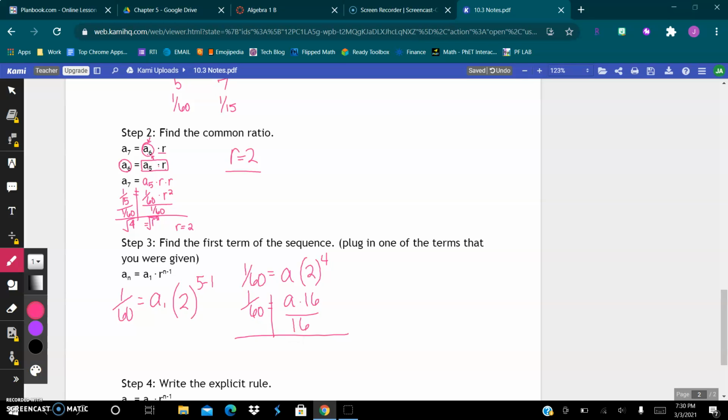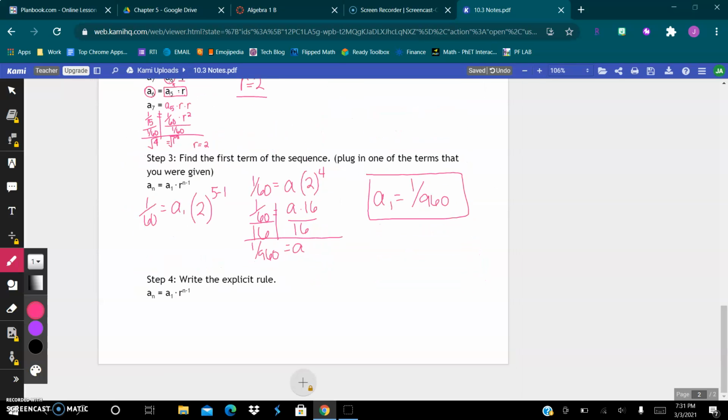Then I'm going to divide by 16, and I'm going to get a equals 1 over 960. So our first term, a sub 1, is 1 over 960.